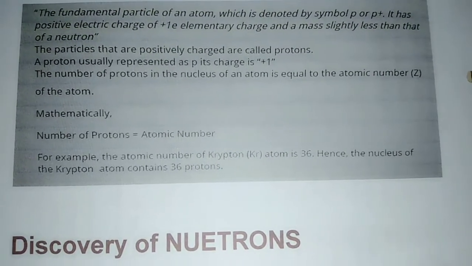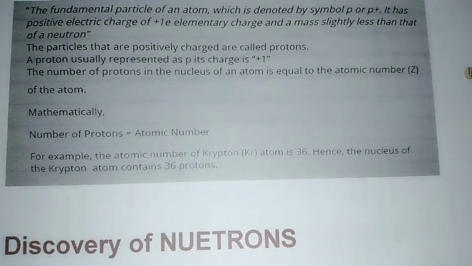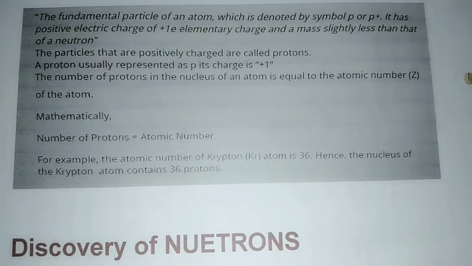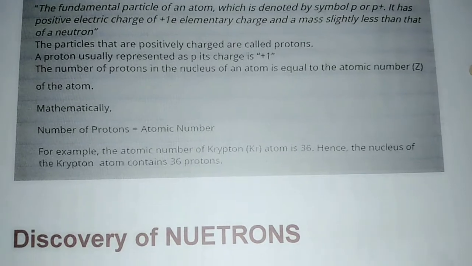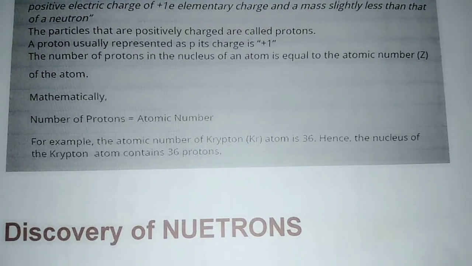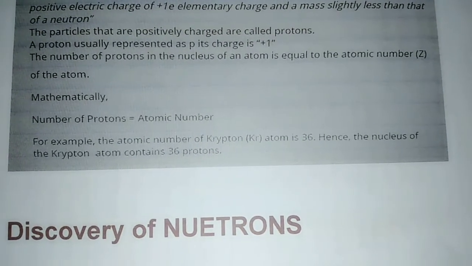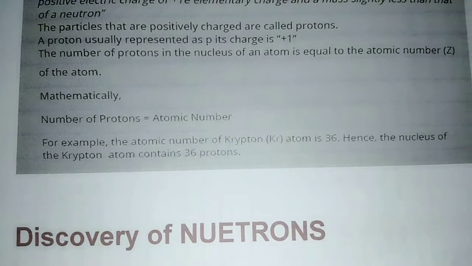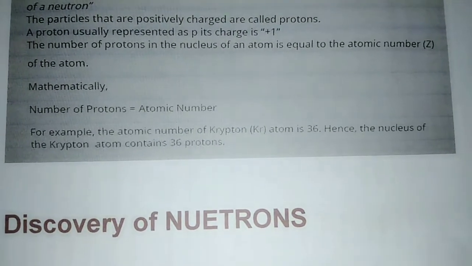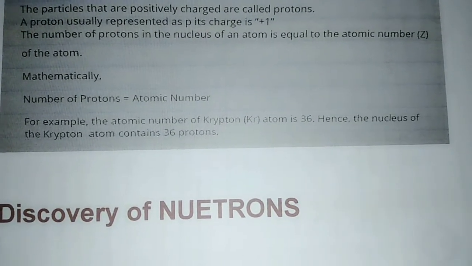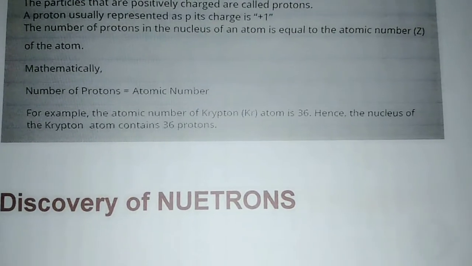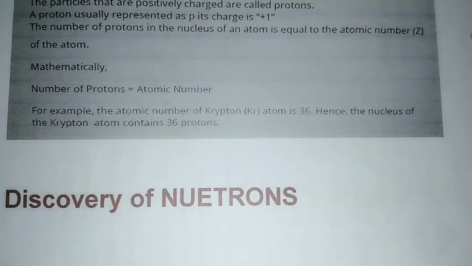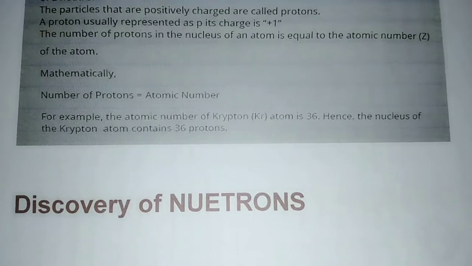The number of protons in the nucleus of an atom is equal to the atomic number of the atom. Mathematically, number of protons is equal to atomic number. For example, the atomic number of krypton, Kr, is 36. Hence, the nucleus of the krypton atom contains 36 protons.